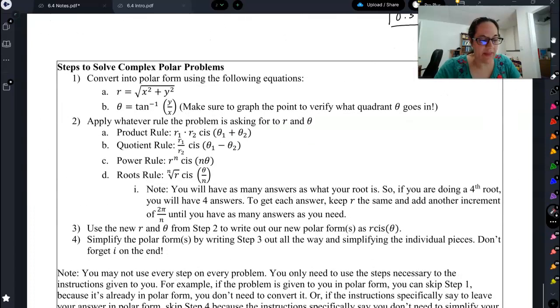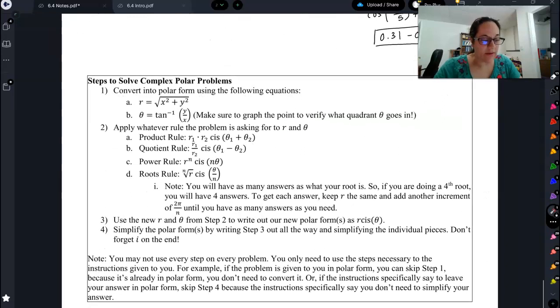One last thing before we end this video, I have created this little table down at the bottom of your notes that walks you through everything we learned in this lesson in 6.4, talking about converting it into polar form, using your modulus and your argument, using whatever rule you need to, whatever it's asking you to do, multiply, divide, exponents, or roots.